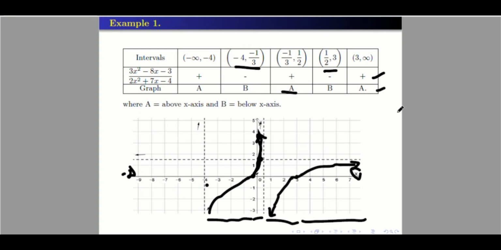Because if the graph can cross the horizontal asymptote, it can cross only once. Since the graph already crossed this horizontal asymptote, these other two graphs should not cross it. So that is why this should be above the horizontal asymptote.